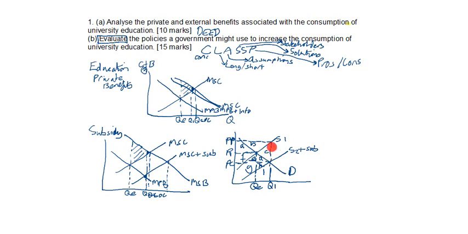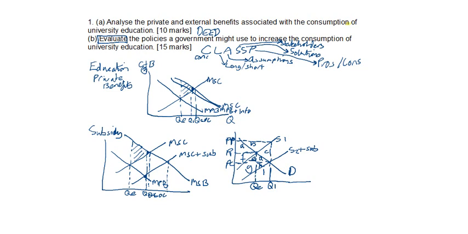So that's a disadvantage for your evaluation. Also, all of this area, A, B, C, D, E, F, all this area represents a subsidy, so there's a cost to taxpayers, which might be a disadvantage. So you need to highlight all these things as well.